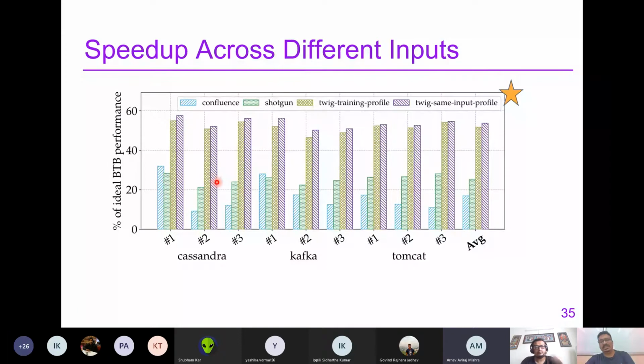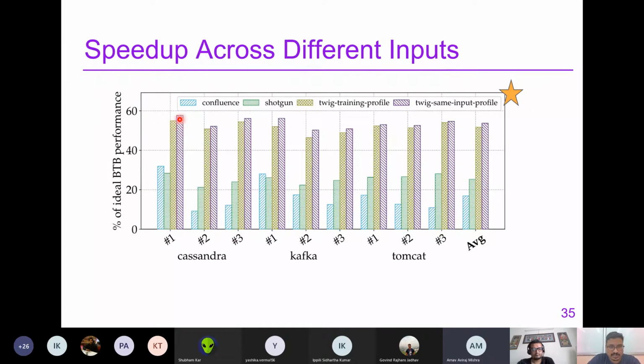Now, since Twig is a profile-based prefetcher, we also have to see what happens if we profile it on one set of inputs and then use that profile on different inputs. That's what this graph shows. Indexes 1, 2, 3 are different sets of inputs, and Twig is profiled on the set of inputs at index 0.